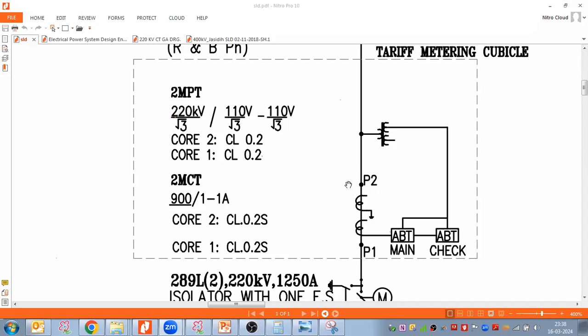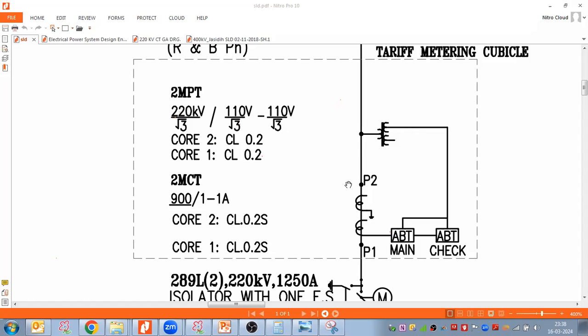But there is one more point we can add. Might be they are using a low knee point voltage CT for the metering purpose, because for protection purposes, when we use the CT, we take a higher knee point voltage, because we do not want the CT to saturate before relay operation.